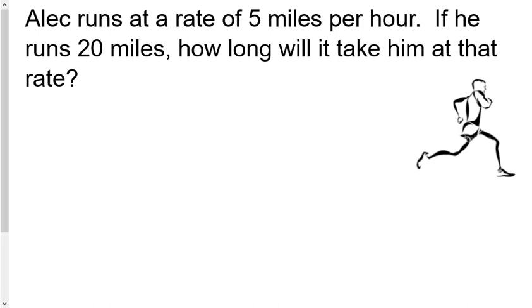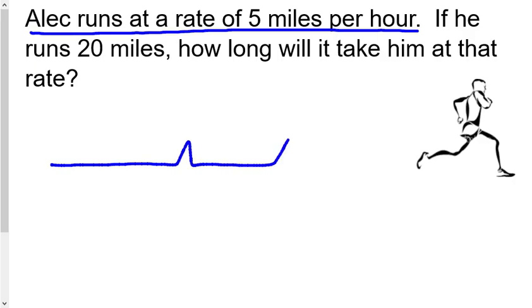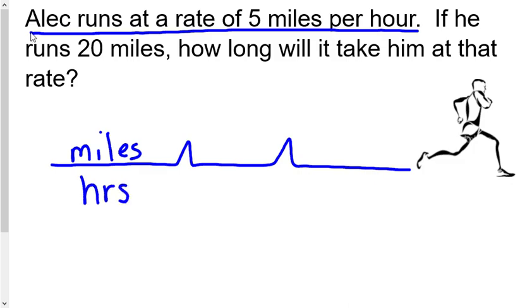All right, so when we look at this, let's look at what we know first. Alec runs at a rate of 5 miles per hour. So we're comparing miles and hours, and what we know is Alec runs at a rate of 5 miles per hour. That means 5 miles in 1 hour.